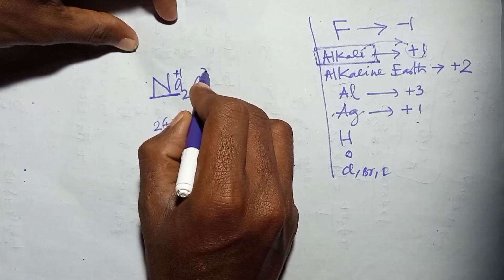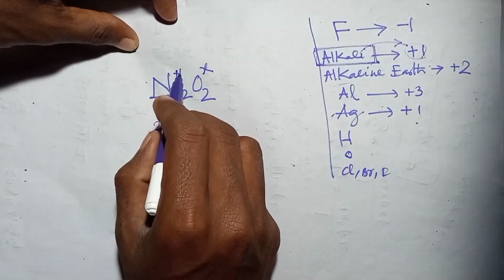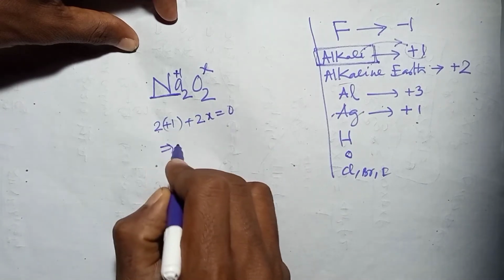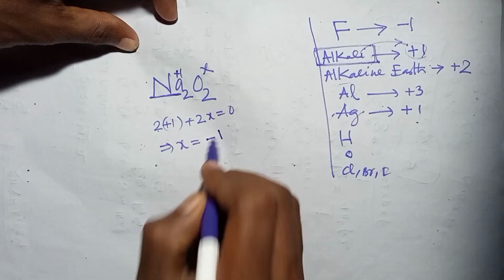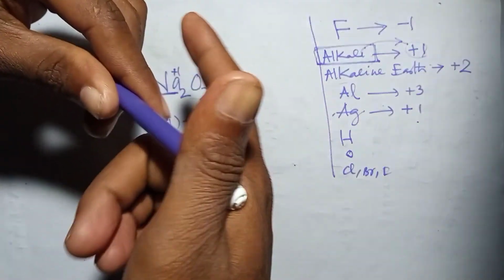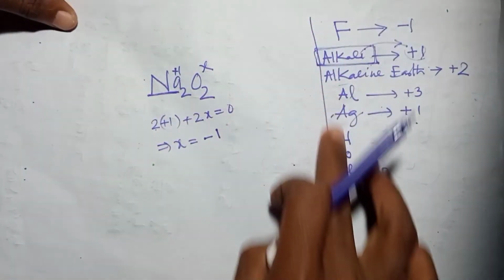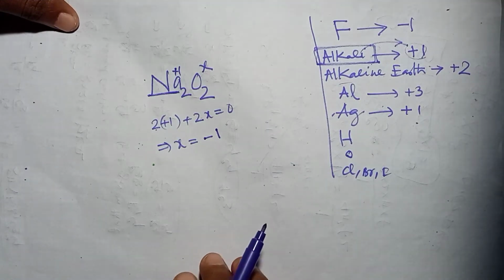Let's say the oxidation state of oxygen is X. So it will be 2 into +1 plus 2 into X is equal to 0. From this X equals -1. So I always have to follow this priority order, and then find the oxidation state.